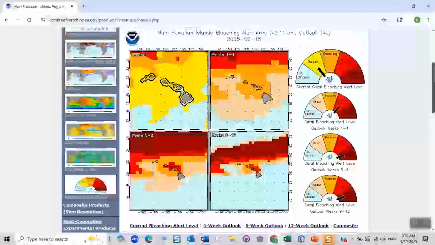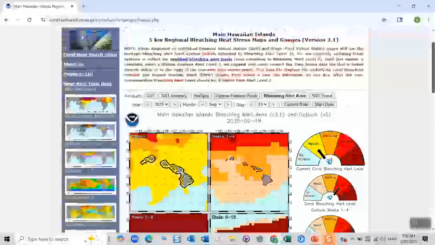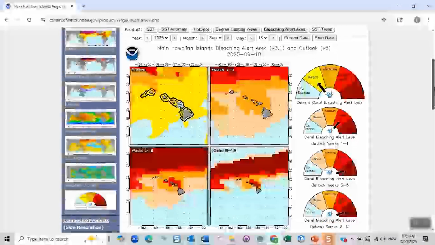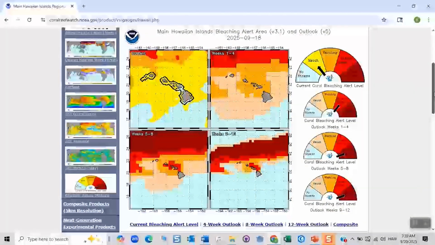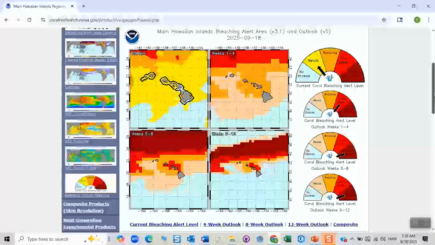Okay. In addition to that, let's get into this other really cool tool here, which is the thermal temperature gauge. As of this recording, it goes back a couple days to September 18th, 2025. This first gauge here, and this little photo, is relevant to this gauge, and you'll see that we're currently under a coral bleaching alert level.